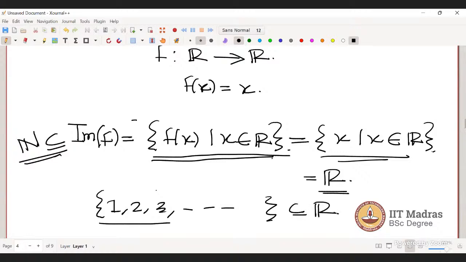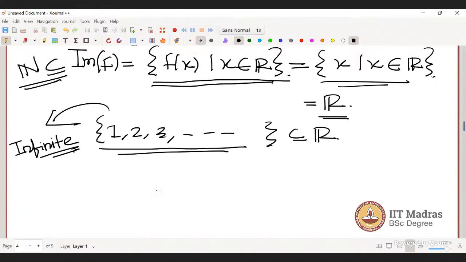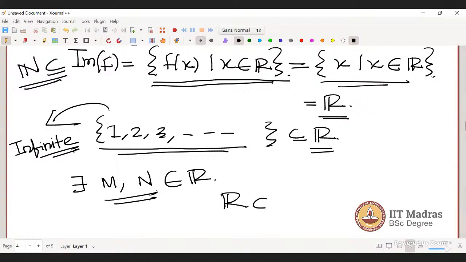And clearly the set is infinite, and clearly the set is unbounded, because I cannot give you some M and N in R so that R is inside this interval.